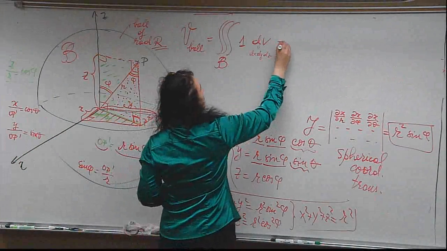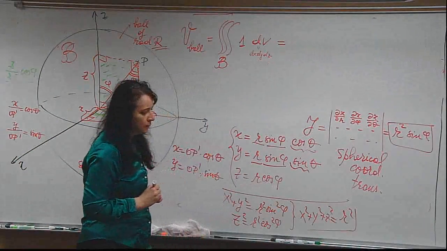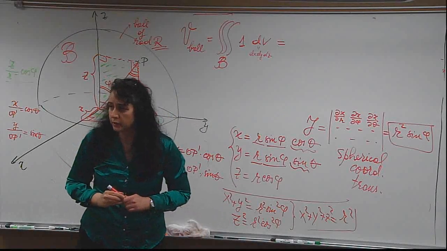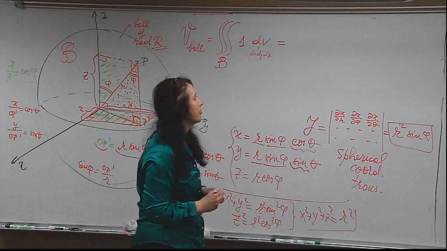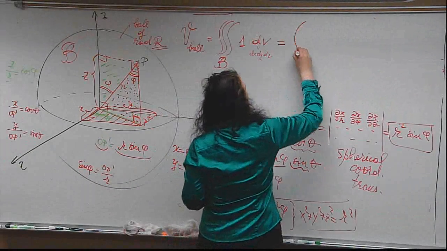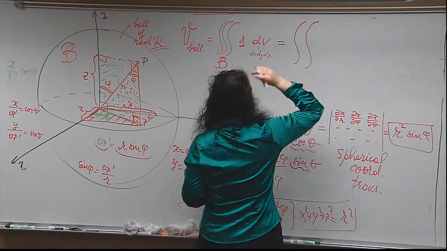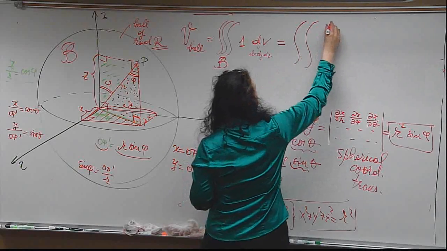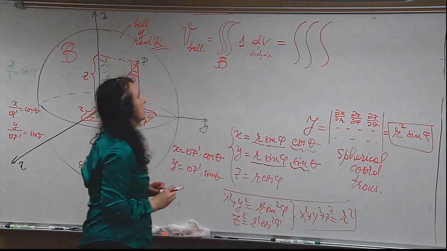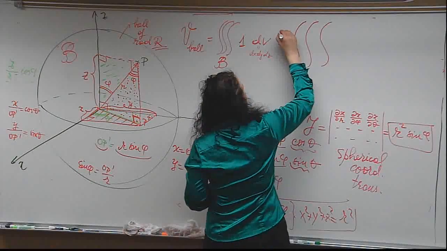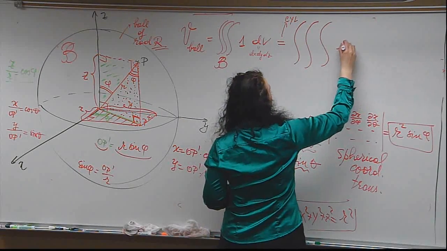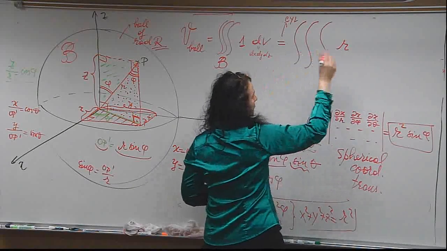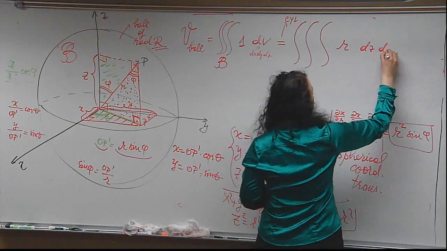Now let's try this written at least in cylindrical coordinates. You will still see that it's not easy. When we write it in cylindrical coordinates, it's going to be an r, and then dz, dr, d theta.